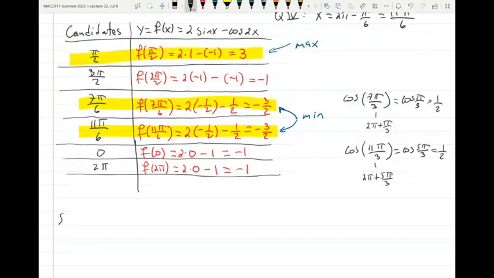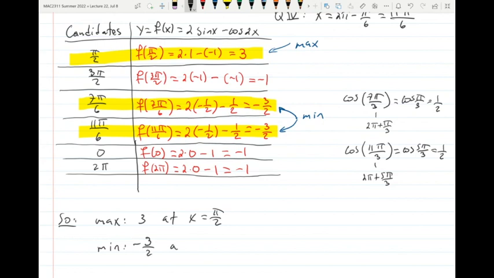So we have a maximum. The maximum is 3, and it happens at x equals pi over 2. The minimum is negative 3/2, but it happens at 2 places, at x equals 7 pi over 6 and x equals 11 pi over 6.